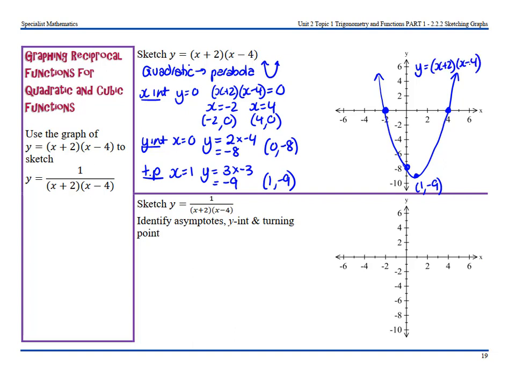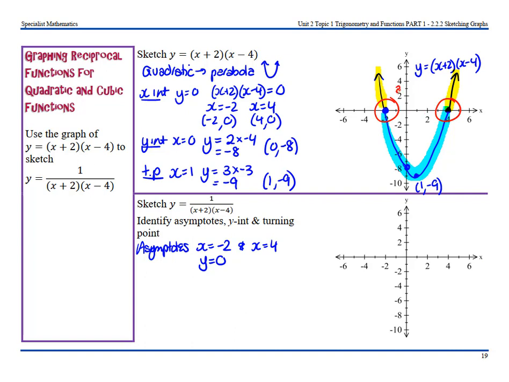Now to use that to draw the reciprocal function, think about what's above the axis, what's below the axis, and also your asymptotes. Okay, so we're going to have asymptotes at x equals negative 2 and x equals 4, and also our horizontal one at y equals 0.